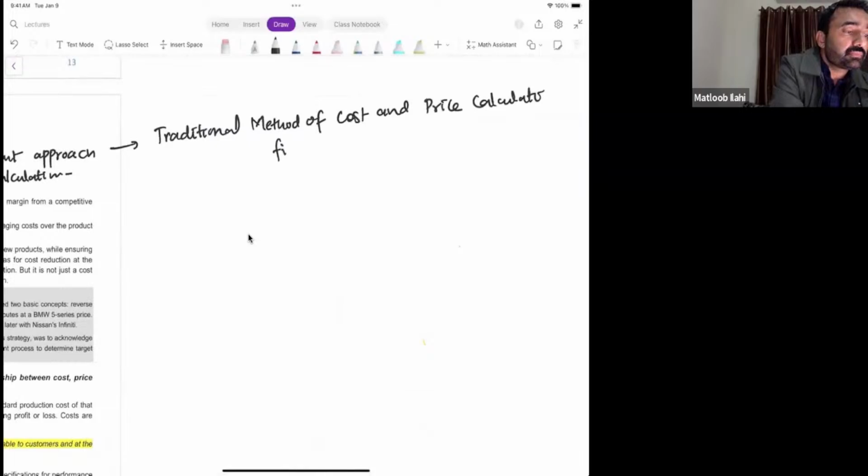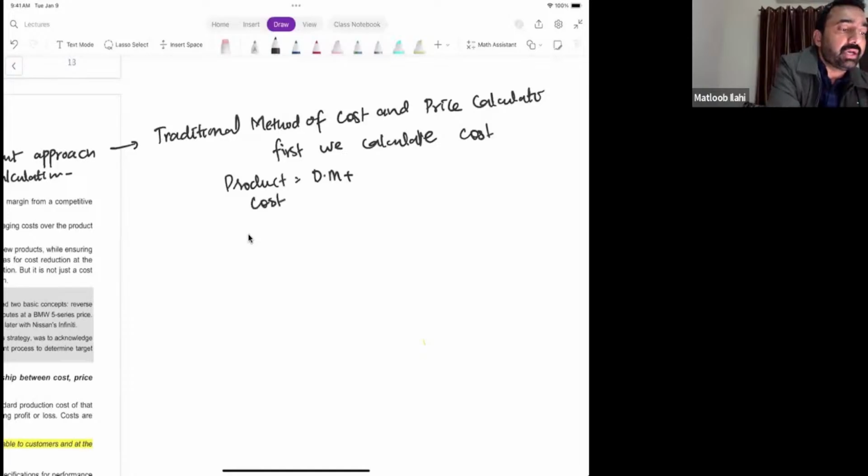First, we calculate cost, just like we have been doing with ABC, direct material, so we calculate product cost: direct material, direct labor plus overheads. And then this is the product cost.